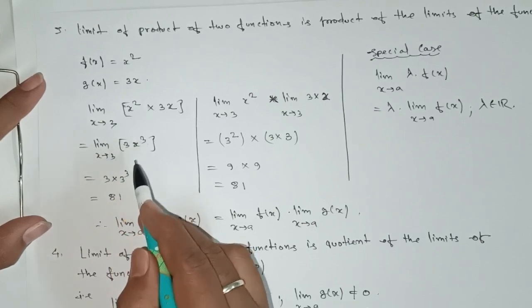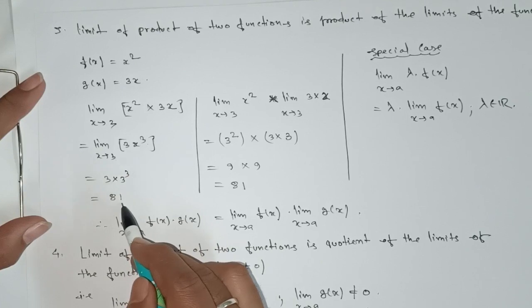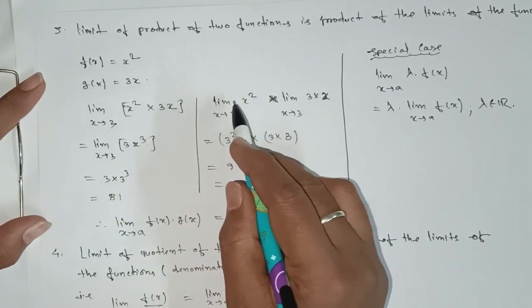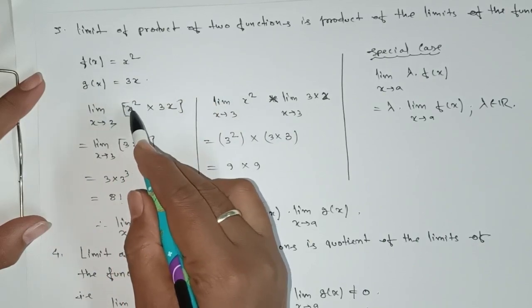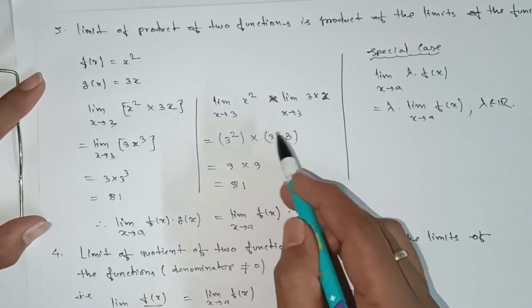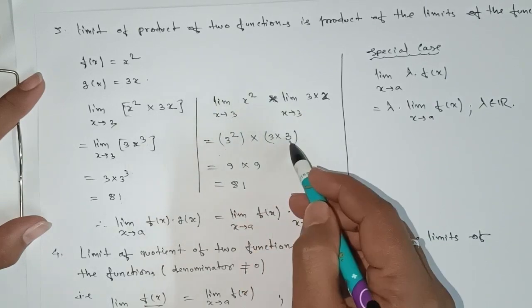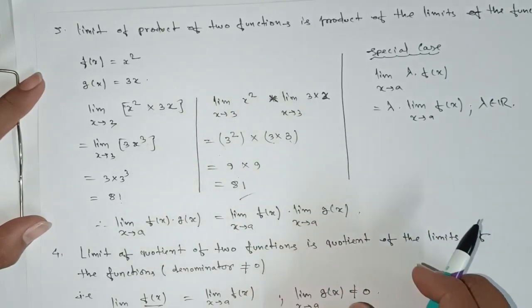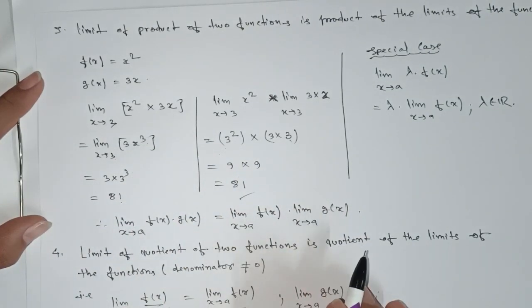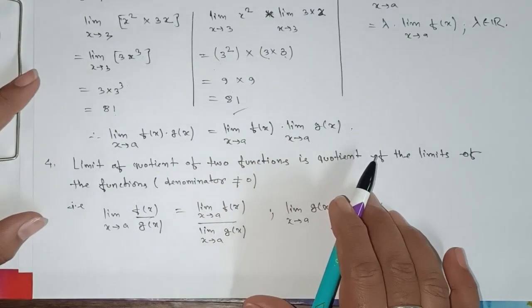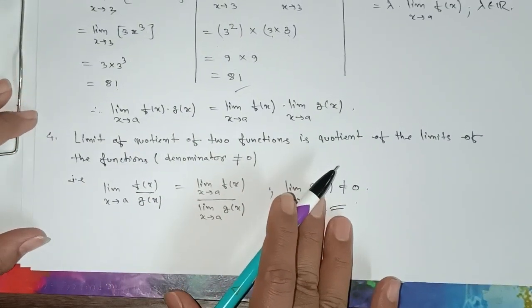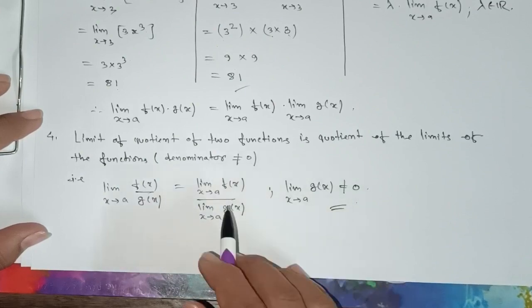Substituting 3 here, I am getting 81. Similarly, now I'll take the limit of function f(x) and the limit of function g(x) separately. Separately I substitute the value, and at the end I am getting the same result as the first one. A similar concept we can apply on division also.